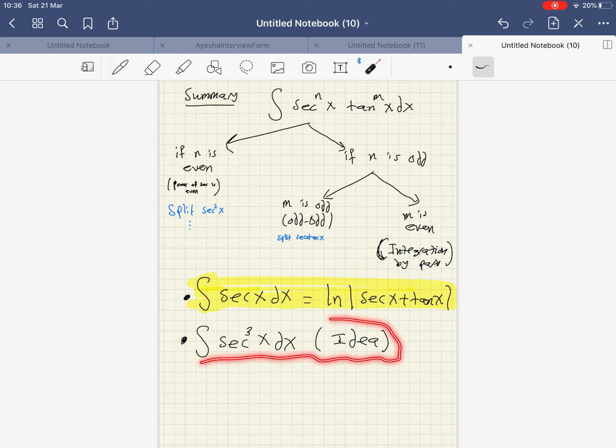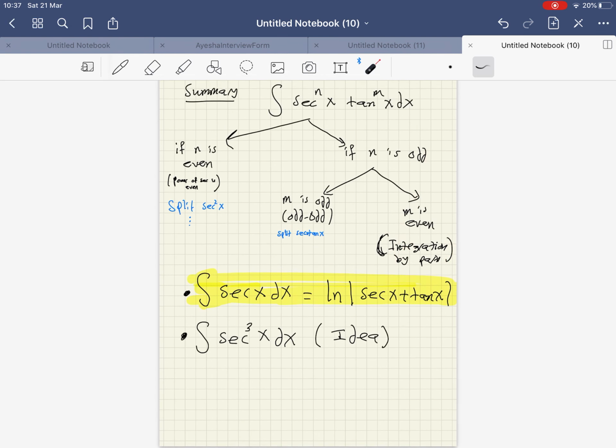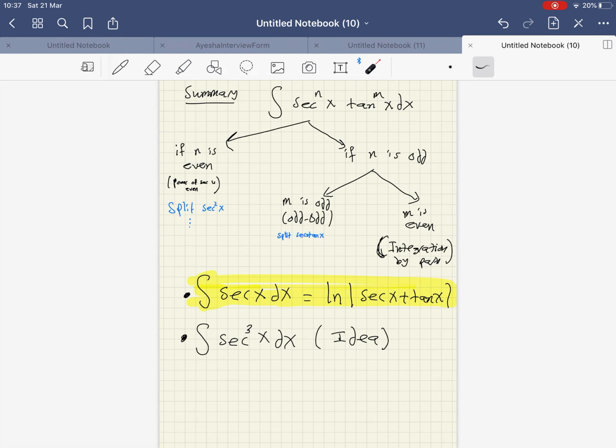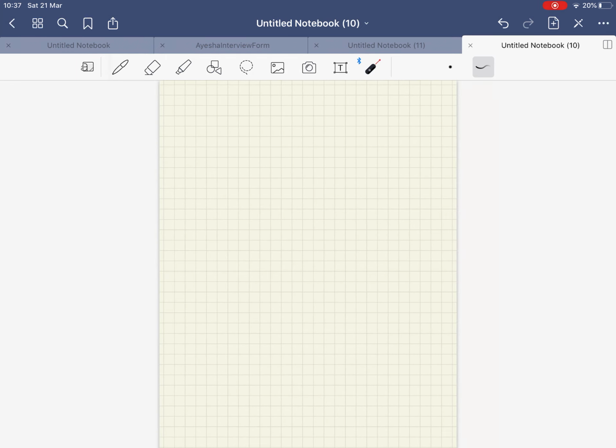Later we will see how we can use the idea of secant cube for anything of this form. So let me go to the next page and do secant cube first, and then we do another example.